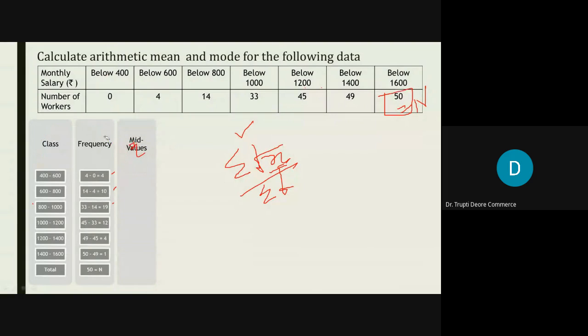So calculate the mid value. What is the formula for mid value? It is the addition of both limits divided by 2, that is 400 plus 600 divided by 2. So the first one is 500.